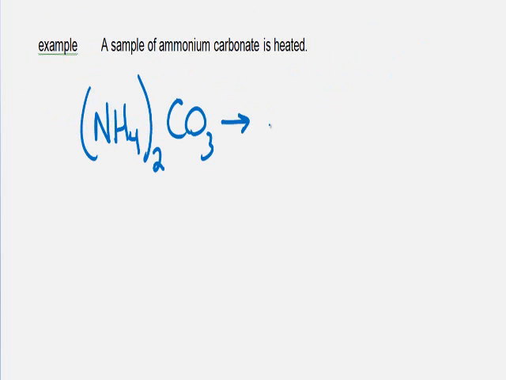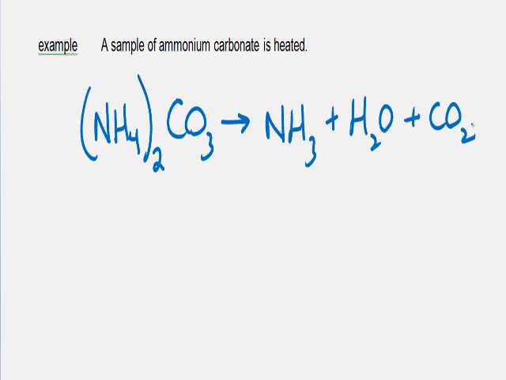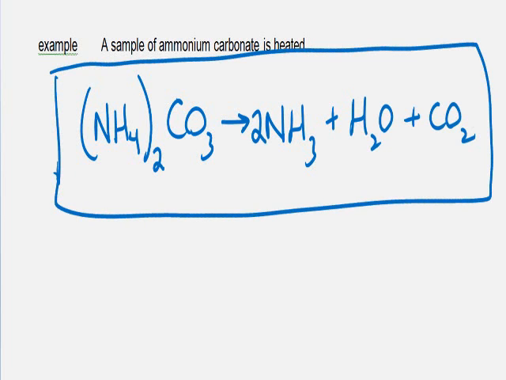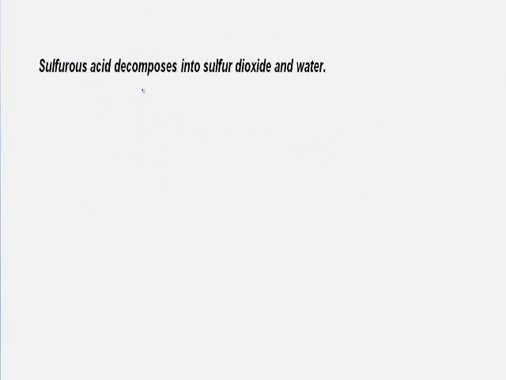This will decompose into ammonia, which is NH3, water, H2O, and carbon dioxide, CO2. Placing a 2 in front of our ammonia balanced the equation, and here we'd have an example of ammonium carbonate decomposing into ammonia, water, and carbon dioxide.